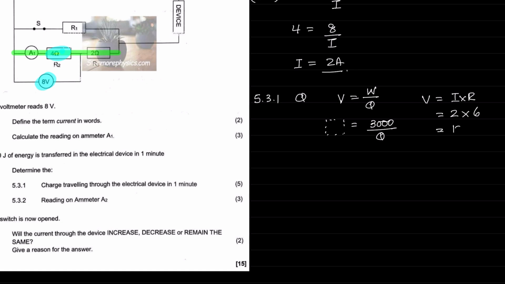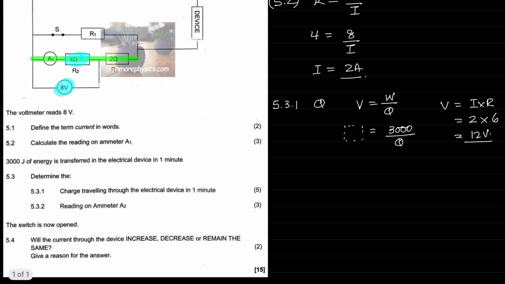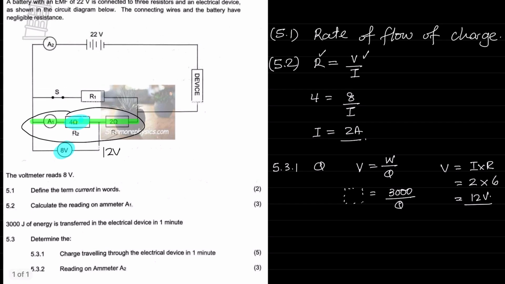So 2 times 6 is 12 volts. So what does this mean? It means that this branch right here is using up 12 volts in total. It means that this branch right here will also use 12 volts because those branches are in parallel. We don't need to worry about the top branch right now.